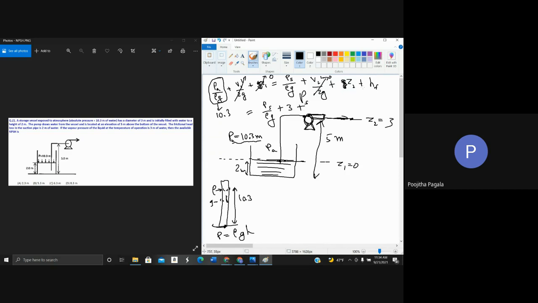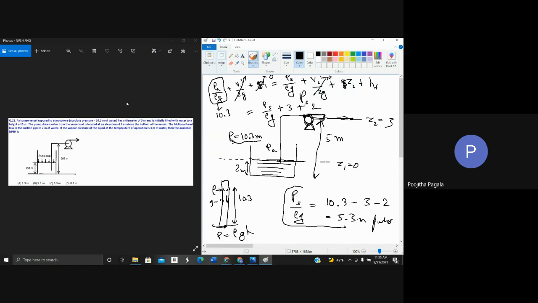And what are the friction losses? The frictional head loss is 2 meters of water, which means PS by rho g is equal to 10.3 minus 3 minus 2, which is 5.3. So essentially the suction head is 5.3 meters of water.